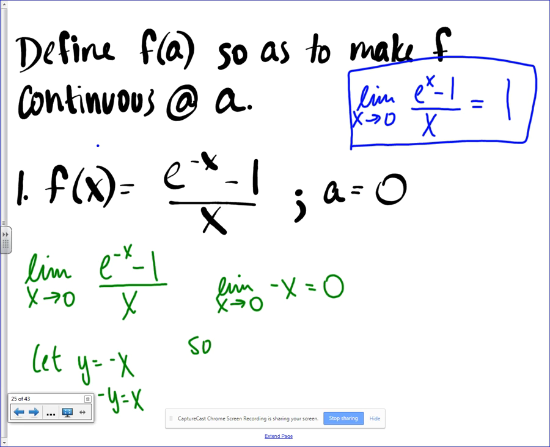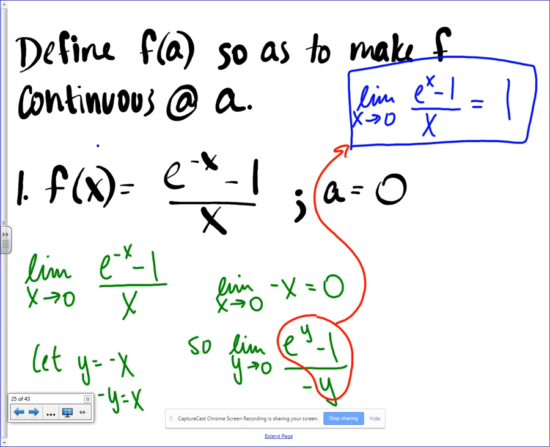So now let's do my substitution, which looks like that. Well, now you can see I have this identity, and we know that that thing is 1. So basically it's 1, and I still have this negative sign down here. So basically that's -1. So what does that mean? It means that if I put a point at 0, -1, I could fill it in.